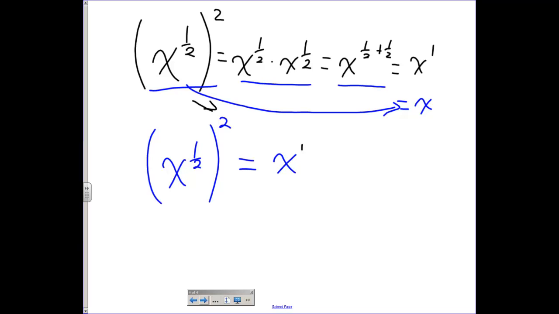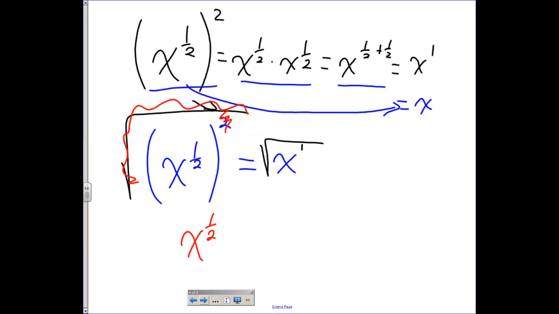The way we get rid of the 2 is we take the square root. If something's raised to the second power, we undo that by taking a square root. We do not divide by 2. But if I do the square root on the left-hand side of my equation, I have to do a square root on the right-hand side of my equation. This square root operator cancels out the power of 2, leaving x to the 1/2 power, and it's just going to equal the square root of x.